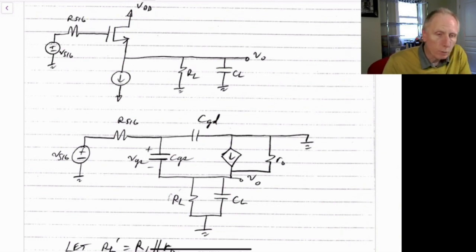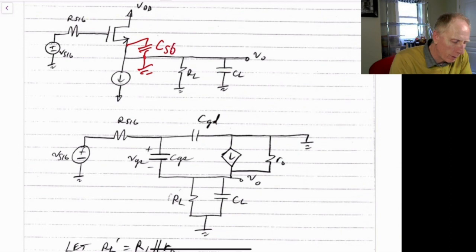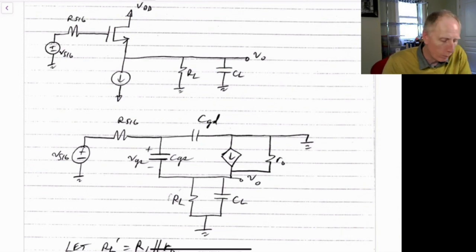Now the load capacitance would include the source to bulk capacitance, C source to bulk, which should really be included here and would add on to CL, but we're not taking it into account in this particular case. Normally, it would be taken into account and included.